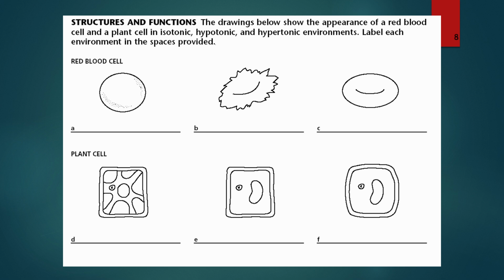Okay, taking a look at cells placed in a different environment, meaning different solutions. This first one we're looking at are red blood cells. The red blood cells are representing animal cells, and in the first one you'll notice that the cell has begun to swell, indicating that water is moving into our cell.